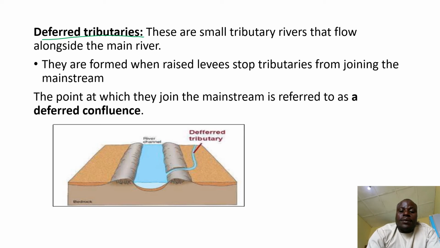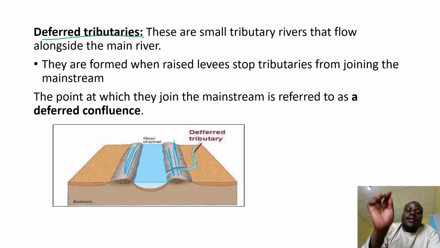Look at this diagram. These are levees at the two banks of the river. Because they are raised, they stop the flow of the neighboring river, which was formerly entering the main river, and this river begins flowing alongside the main river because its head was blocked by the levees.